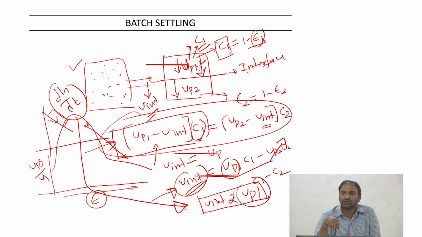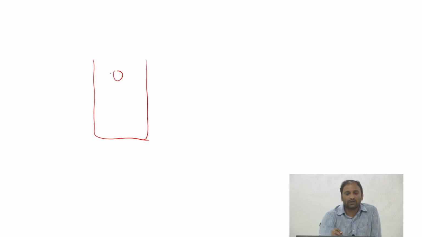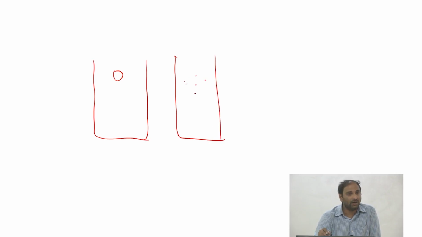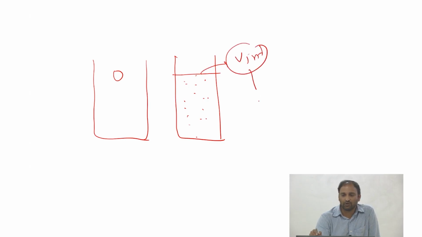This is going to be useful because if I have a system where I can observe the particles and their positions and find their velocities, my job is easy. But if you have very fine particles and the concentration is really large, how do I calculate the particle settling velocities? The only way would be by monitoring this u_interface and back calculating the settling velocities.